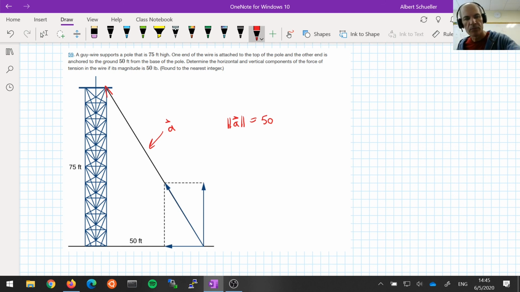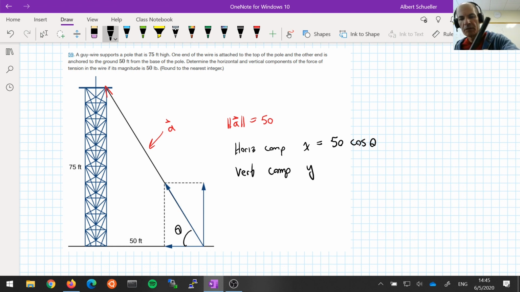We know that, for example, if the angle down here that the guy wire makes with the ground is theta, then the horizontal component, let's call it x, since that seems like a reasonable label for it, is going to be 50 times the cosine of theta, and the vertical component is going to be 50 times the sine of theta, like that.